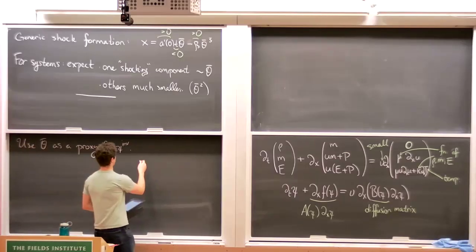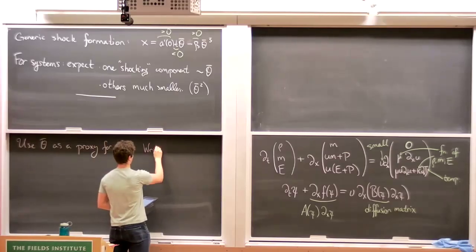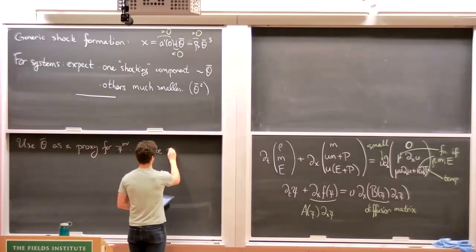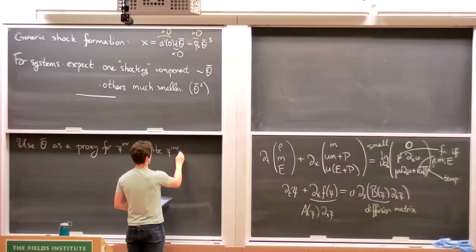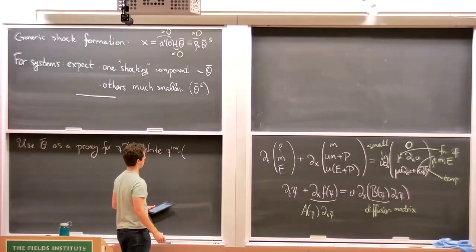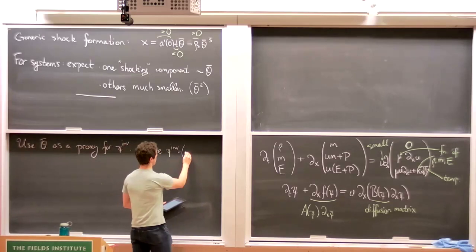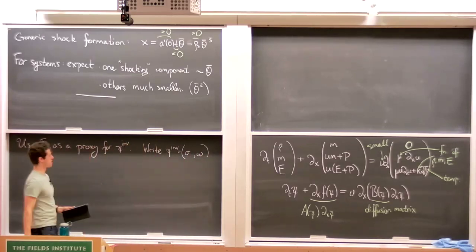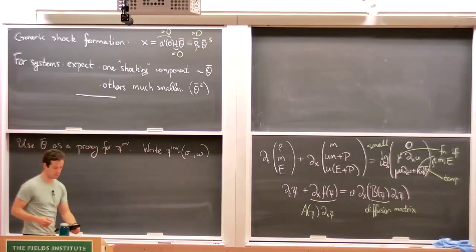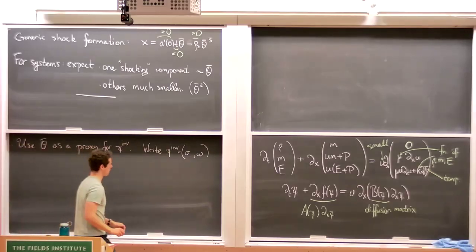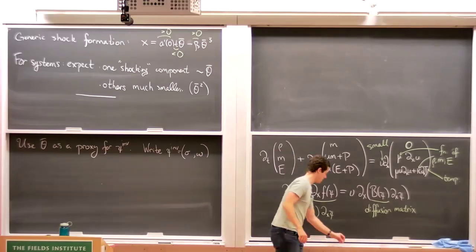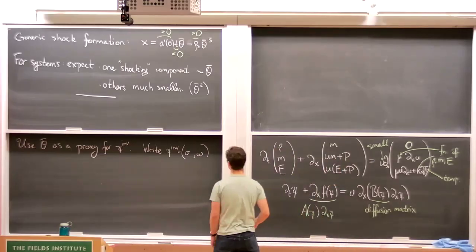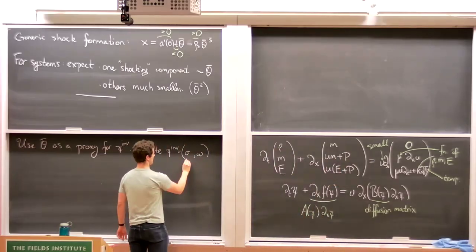So let's write, just for some notation, I'm going to use the letters sigma and omega to denote the shocking and non-shocking components. Sigma for shocking, omega for something else, I don't know.